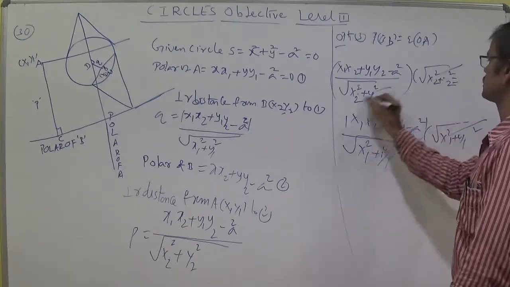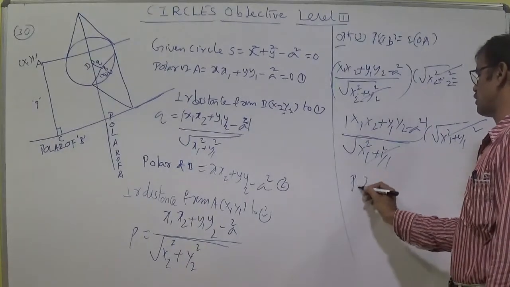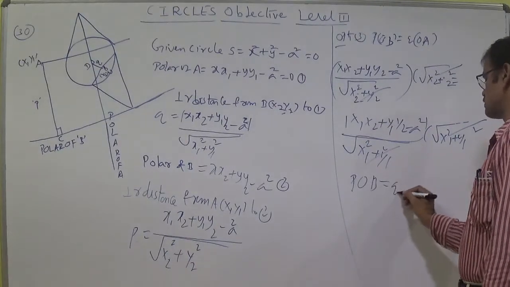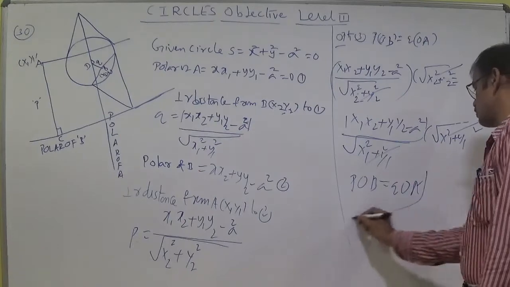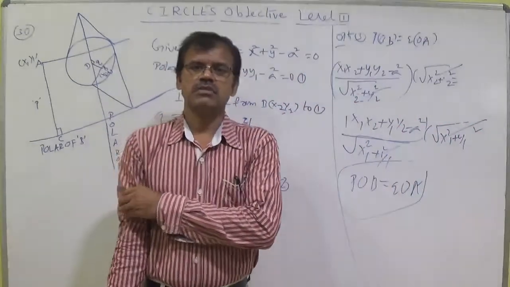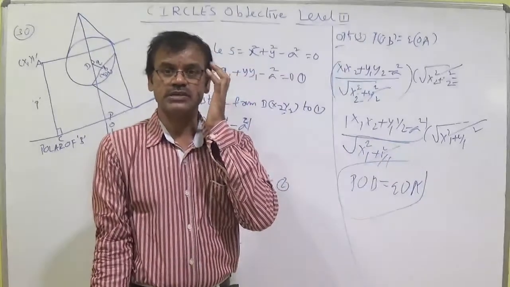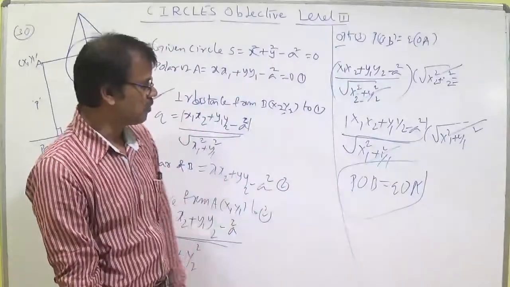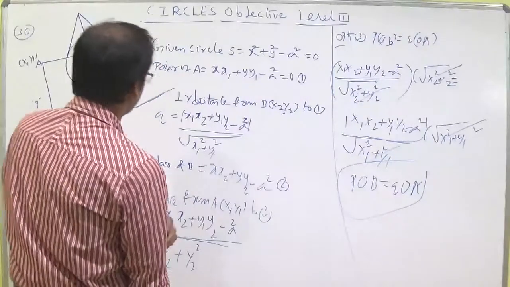Here this one gets cancelled, this one gets cancelled. Both are equal. So we can say that POB equals QOA. In some books, maybe the letters may change. Then you should understand that the answer is POA equal to QOB. Here POB equals QOA.